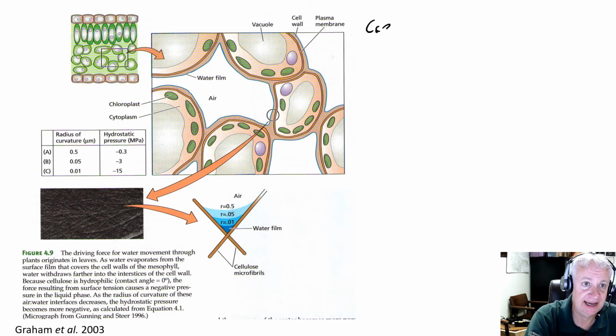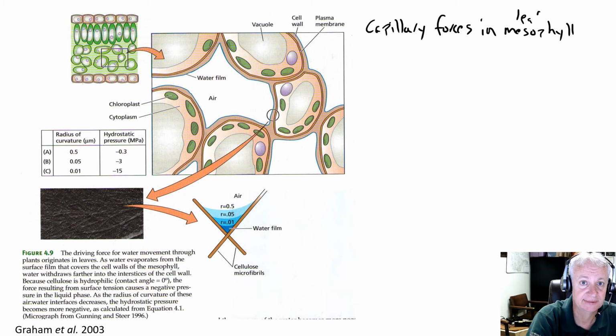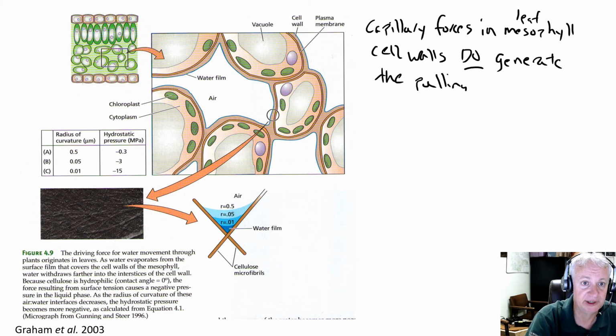So capillary forces in leaf mesophyll cell walls do generate the pulling force that drives cohesion tension.